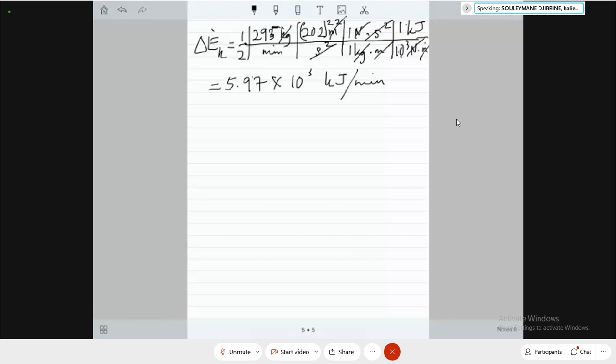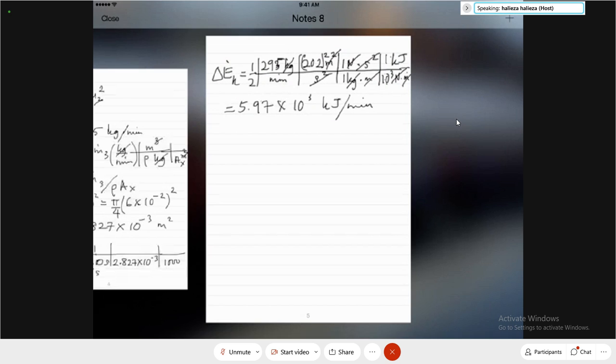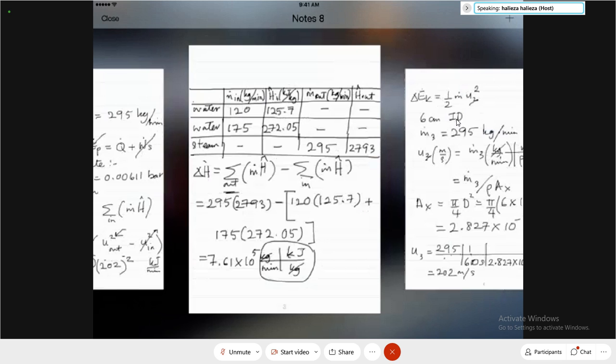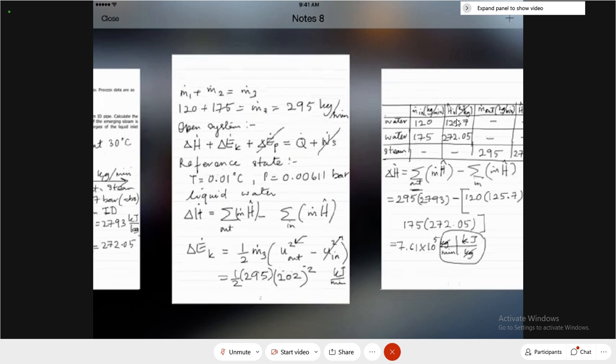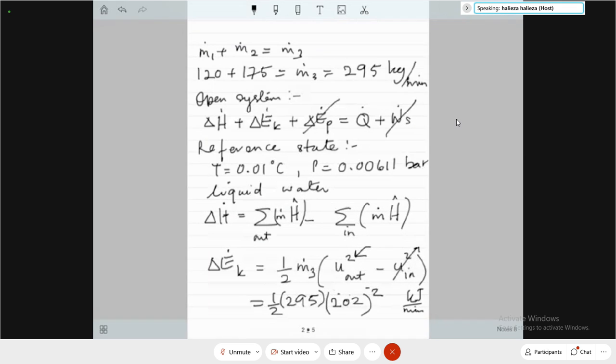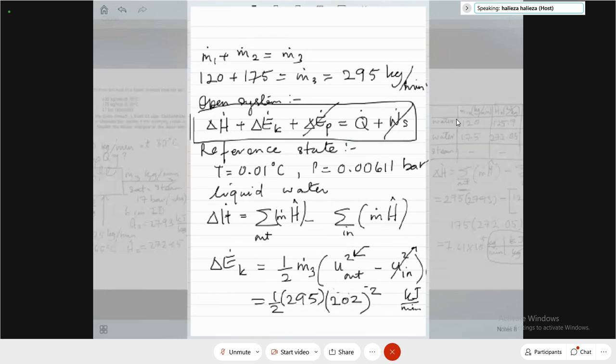Okay. So definitely that answer is different from the solution in the textbook. So now the final equation. The final equation that we're supposed to calculate is Q. We're supposed to get Q from this open system equation. Q is equal to the change in enthalpy plus the change in kinetic energy. So let's solve for Q, the heat.